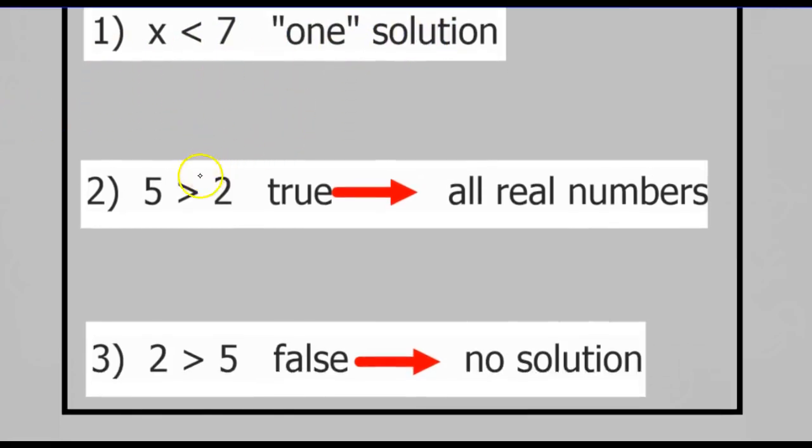Now, our second solution: if 5 is greater than 2 is true, then our second solution is all real numbers. Our symbol for all real numbers is like an R with an I through the middle. So all real numbers, if this is true, 5 is greater than 2, is all real numbers.